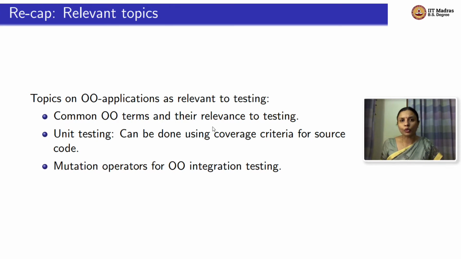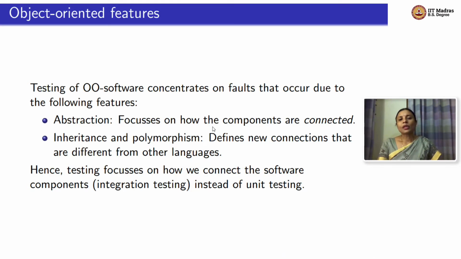We already saw mutation operators for object-oriented integration testing. So now the focus is going to be other aspects of object-oriented integration testing of the software. Basically, we're going to concentrate on faults that occur because of certain niche OO features. One is that of abstraction, because we're going to do integration of components as a part of object-oriented programs.